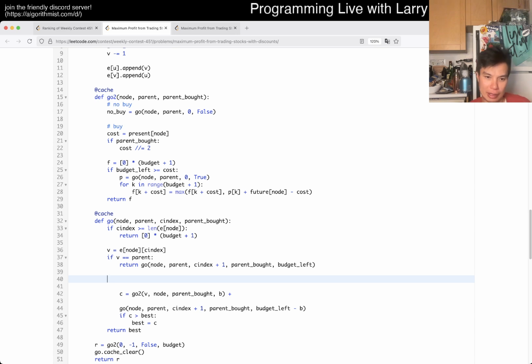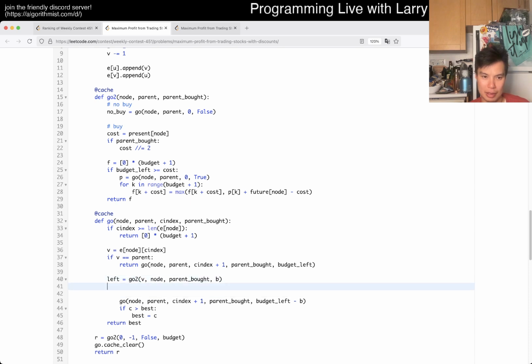Oh, then we consider best buy no buy, so that's this. So let's say, naming things is hard. I just usually name it left and right, which is kind of terrible too, actually. But okay, so you have this. Right is equal to this.